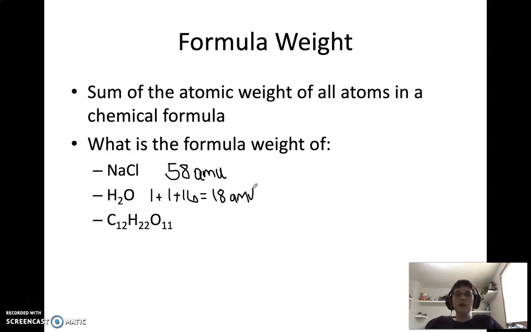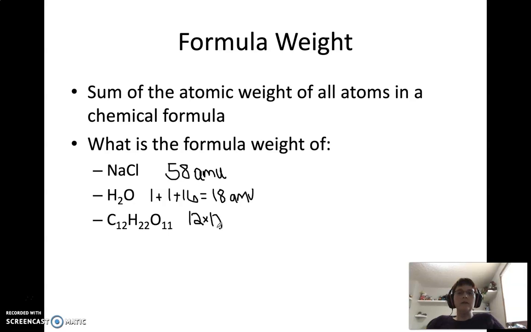All right. So then we've got something like sugar. So we've got C12H22O11. We're going to do something similar to what we did with H2O. So you're going to find the atomic weight of carbon. The atomic weight of carbon is 12, and you're going to multiply that by its subscript.